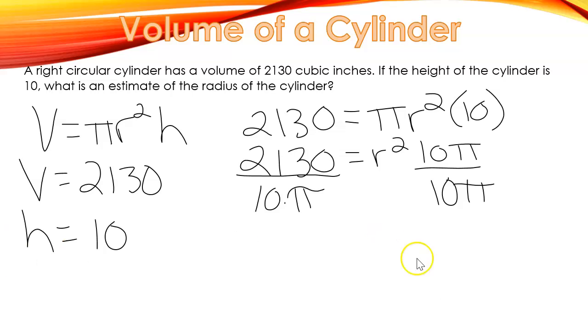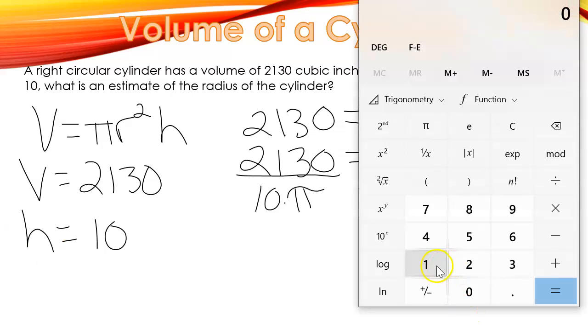So if I bring the calculator up, I have 2,130 divided by 10 pi. Hold on.